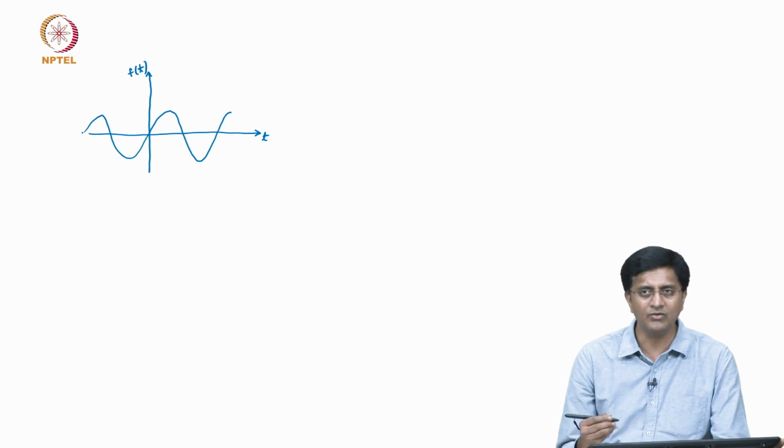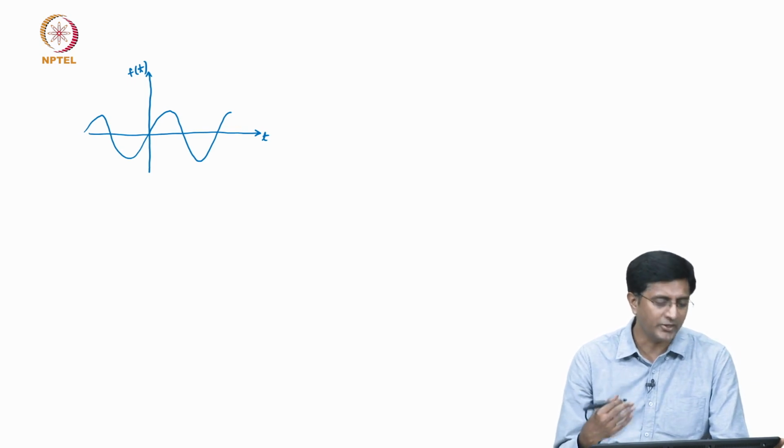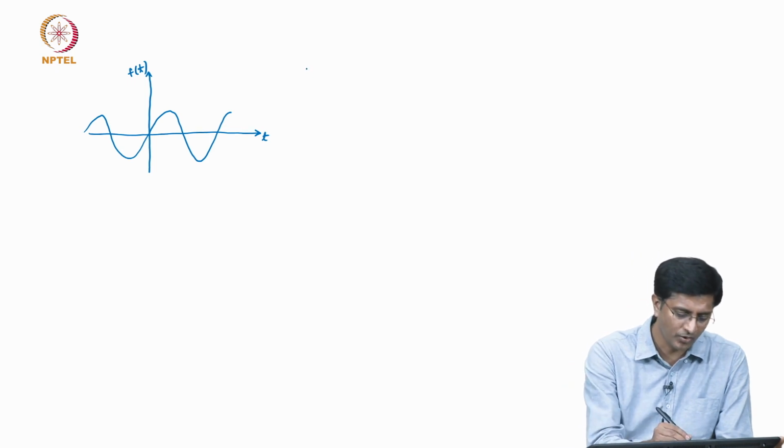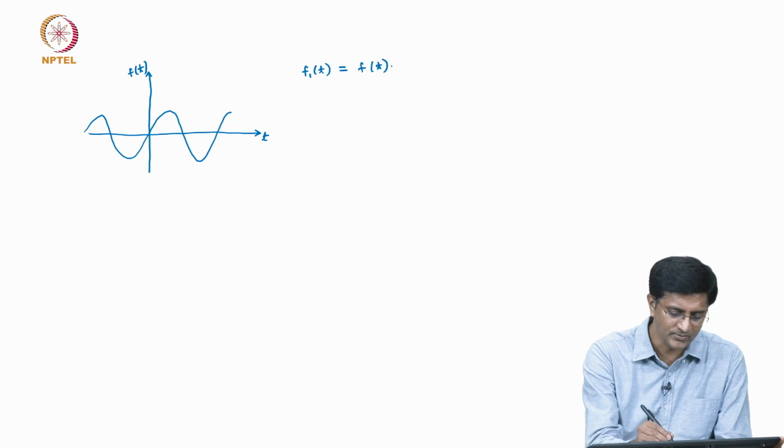Now let us see what happens when we multiply this function f of t with the Heaviside function. So, now we are talking about a new function f1 of t, which is f of t times H of t.